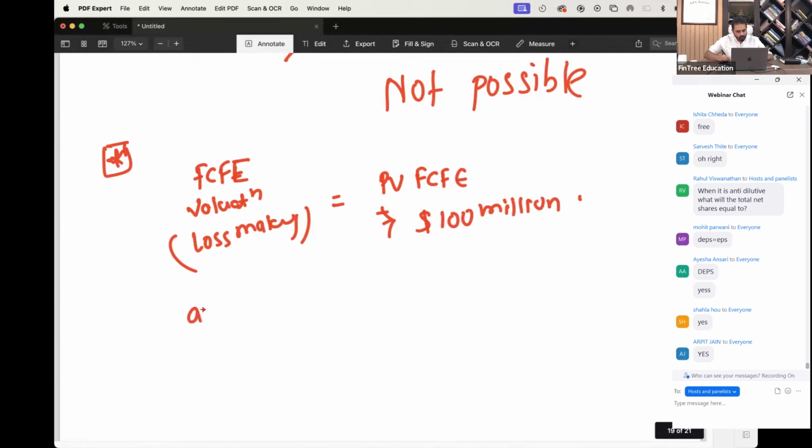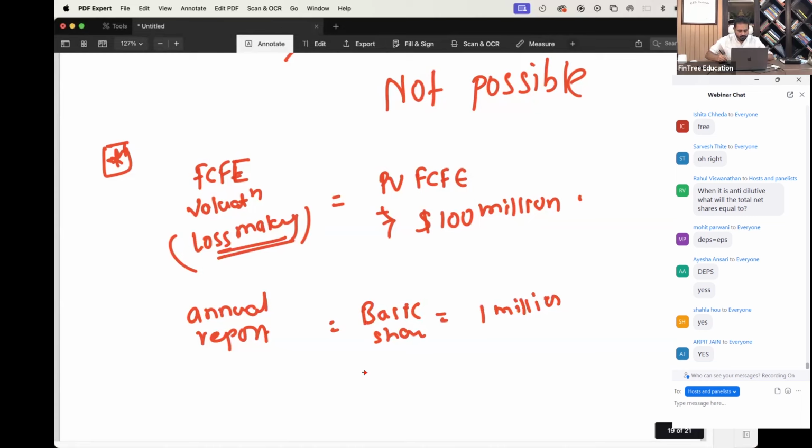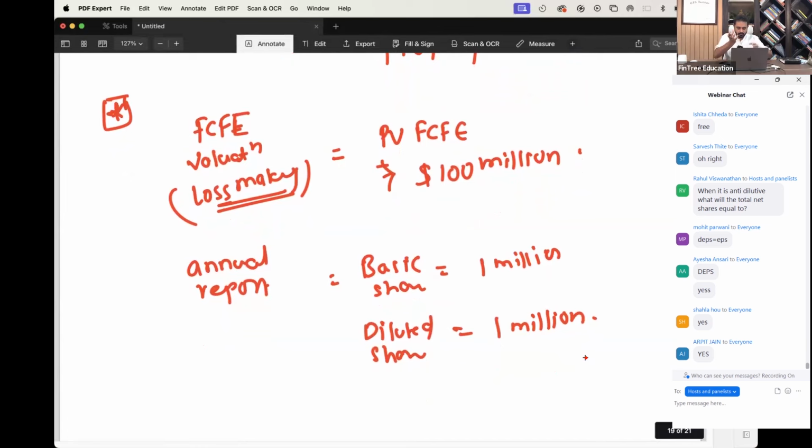Now what I do is I go to the annual report. In the annual report, the company this year has made losses. So it shows basic number of shares 1 million, and it shows diluted shares 1 million. Now, when you do valuation of a company, you want to do valuation divided by number of shares. Should you use basic or diluted? You always use the diluted number of shares.